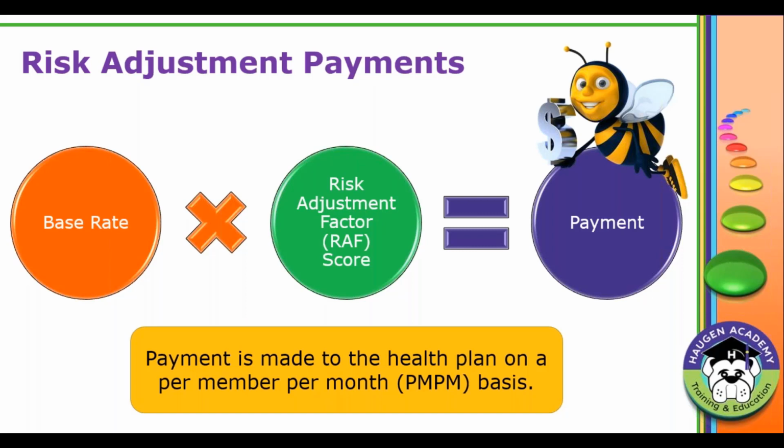So this looks familiar to other formulas we see for payment. If you're in the pro-fee world, it looks similar to when we do RVUs times a conversion factor. Or if you're in the facility world, you might be thinking of DRGs, a base rate times a weight. But again, the payments are going to be made to the plans.